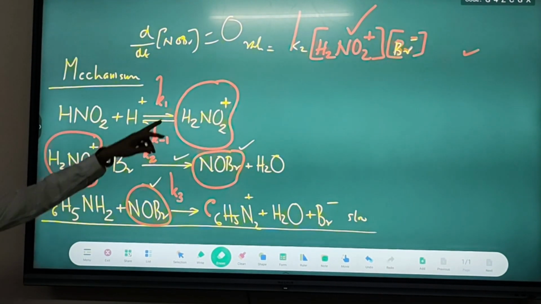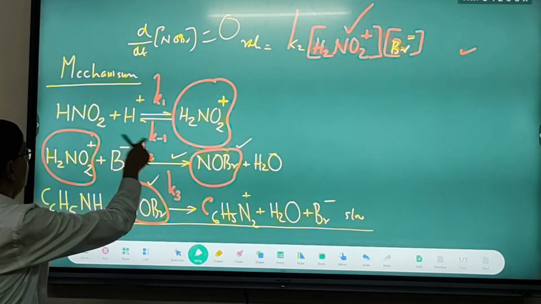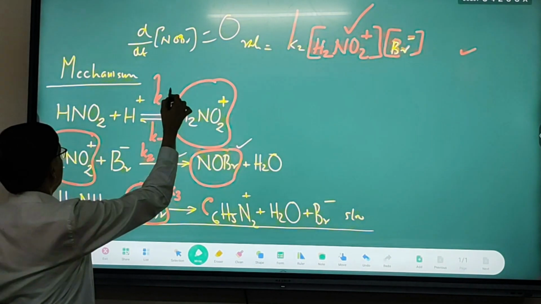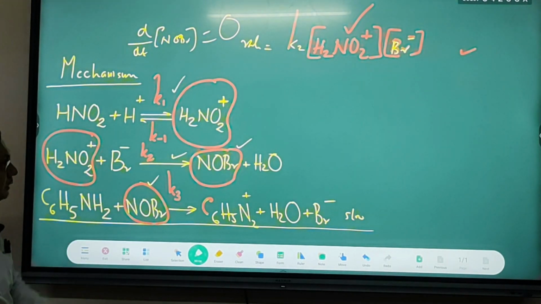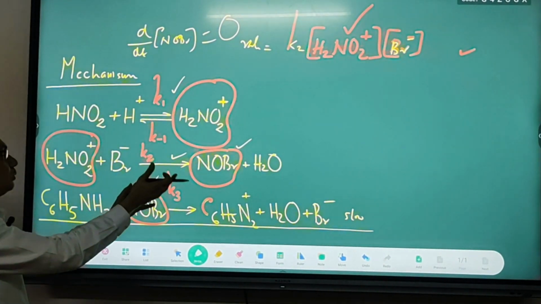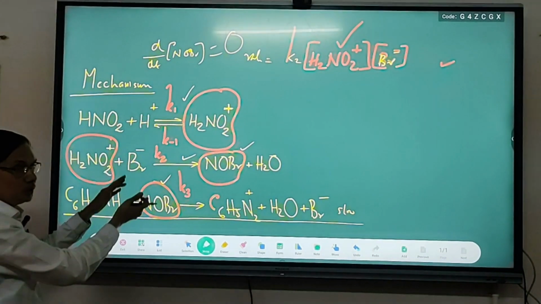So from where do I get this H2NO2+? In the first step, H2NO2+ is produced. In another case, H2NO2+ is consumed. And in the third step also H2NO2+ is consumed.